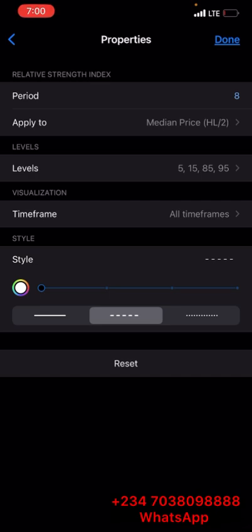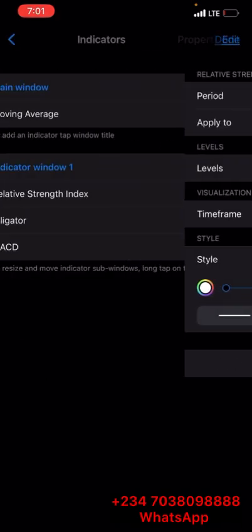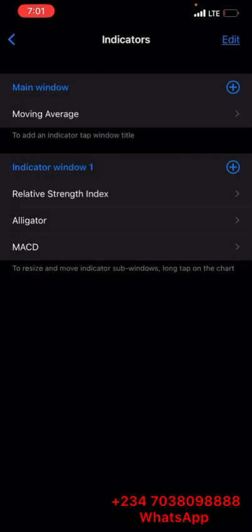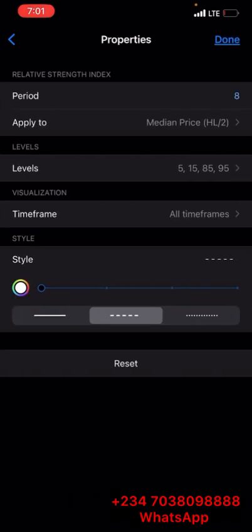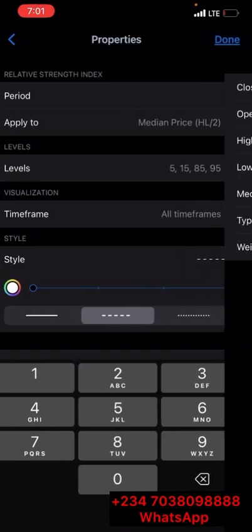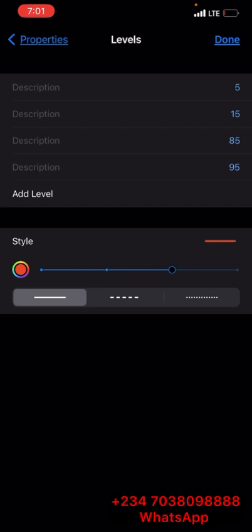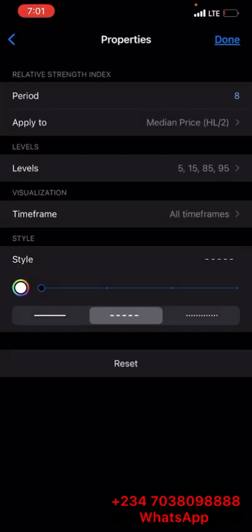Okay, so let's start with the RSI, relative strength index. The period is 8, applied to median price. The levels here are 5, 15, 85, 95. You click on done.